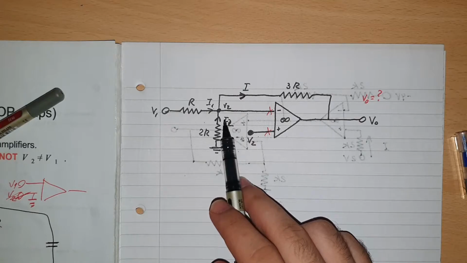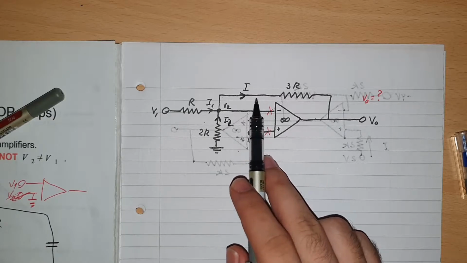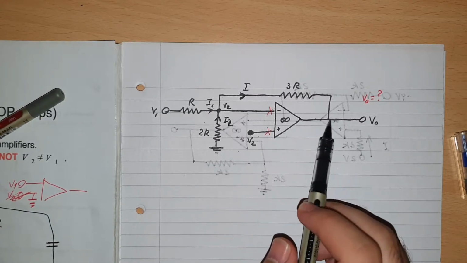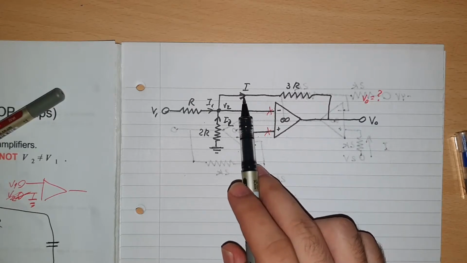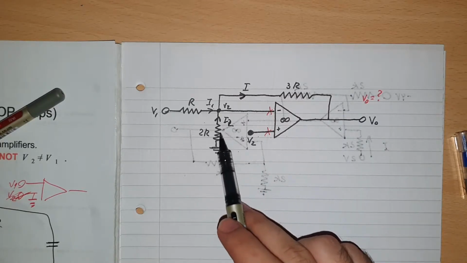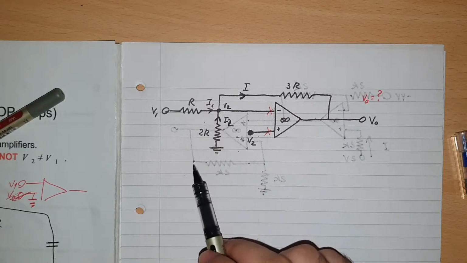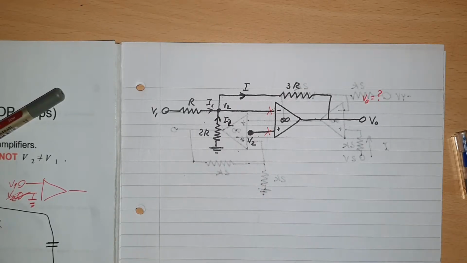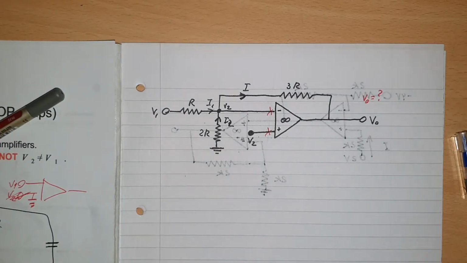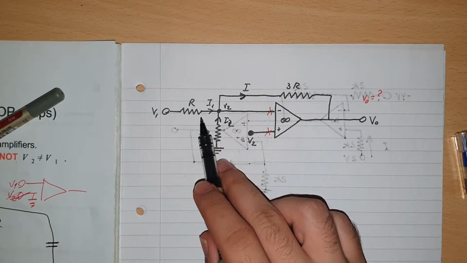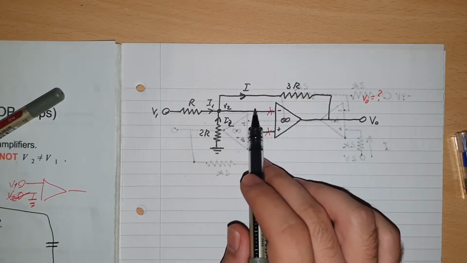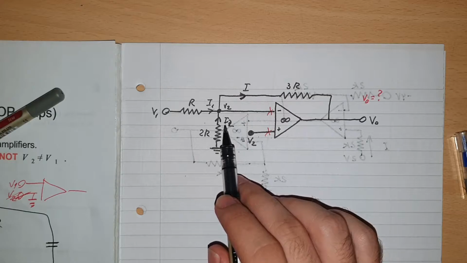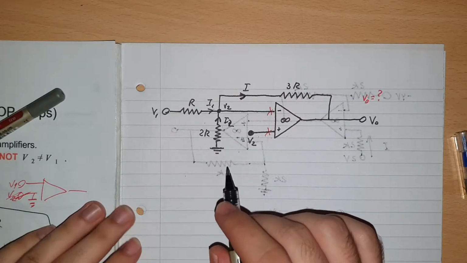No, I think it's correct this way, because we need a current to come out in this direction to go to V out, so that'll be the total current, and these two currents are coming inside. So I think this is the correct way. I just said it's simple, but in my notes it's a bit different. In my notes I have this one as the primary current, and then these two are the secondary current, and I don't really know why, but let's keep going.